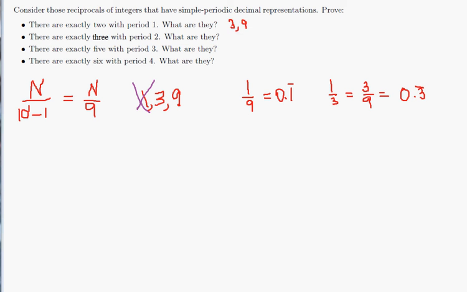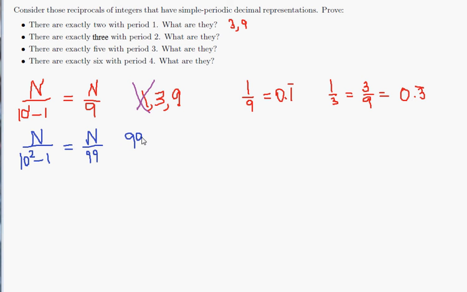Next, let's take a look at the problem of a period of exactly 2, and to show that there's exactly 3 of those. Well then, similarly, this must be a fraction of the form n over 10 to the second minus 1, which is n over 99. So if this is going to be 1 over something, then the something must be a factor of 99. Well, let's see.